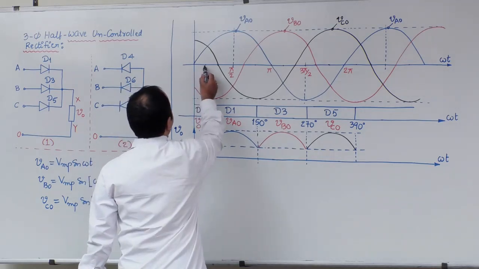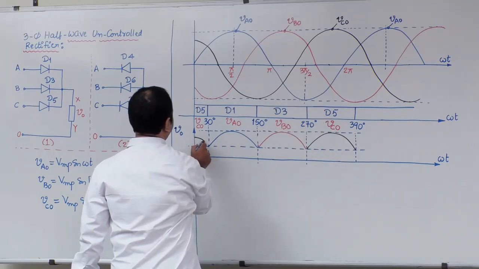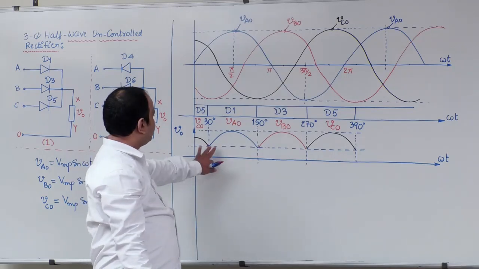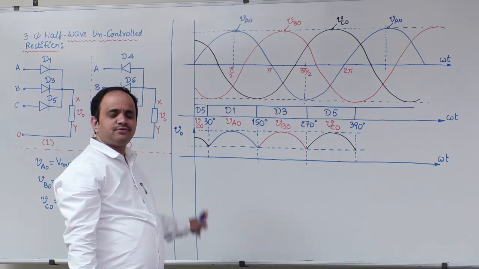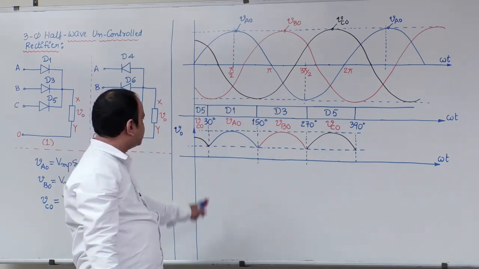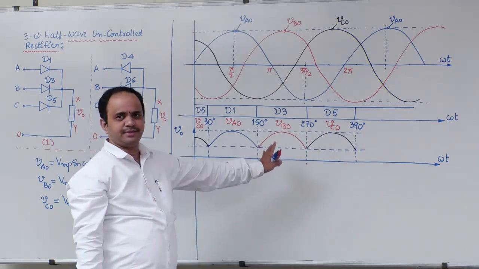Now, 0 to 30 is the same as 360 to 390. That is the black one, this is the VCO waveform. So this is the output voltage waveform for the first circuit. If you give the three-phase balanced source voltage, at the output side you will get a V0 waveform like this.